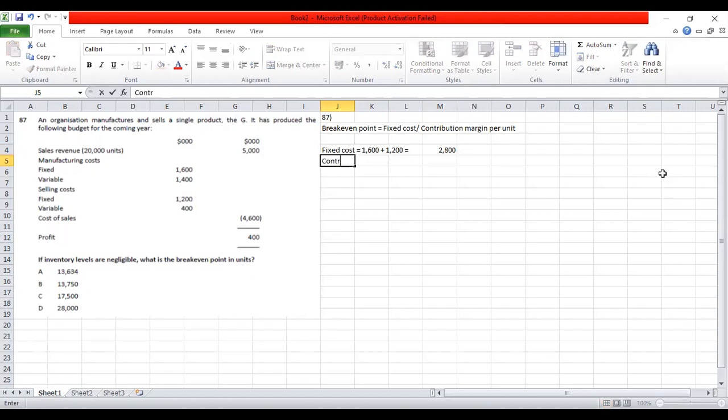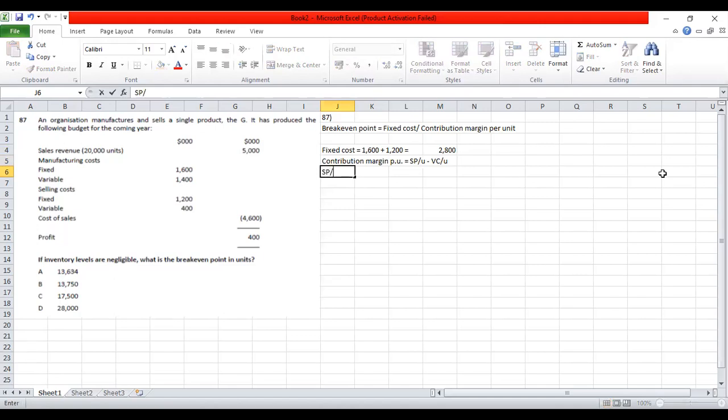Then we have the next one, the contribution margin per unit. What's the formula for contribution margin per unit? It is equal to selling price per unit minus variable cost per unit. Do we know what is selling price per unit?